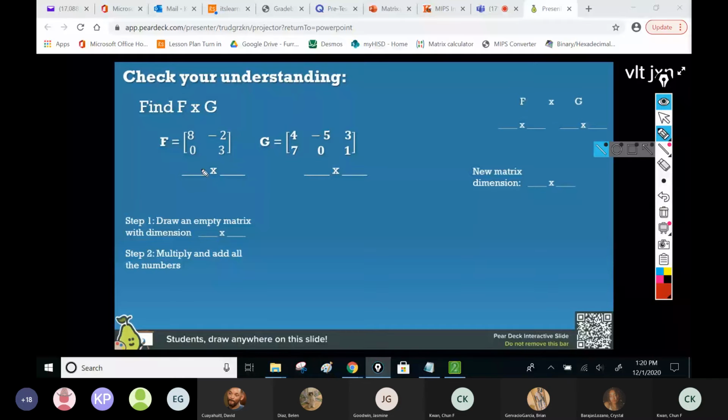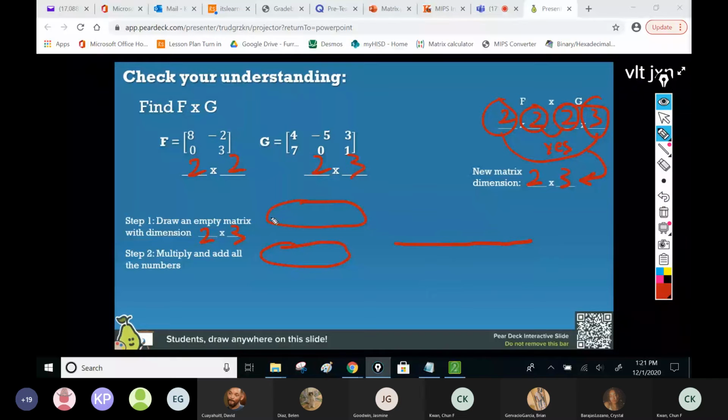So 2 by 2, 2 by 3, same inner number, yes, solution. And then the outer numbers are the new matrix dimension, 2 by 3. So the empty matrix is 2 rows by 3 columns. So 2 rows will look something like this. That means you need 1 line right here so that you can have your first row up here, second row down here. You only need 1 line.